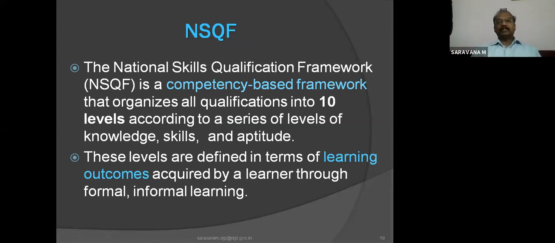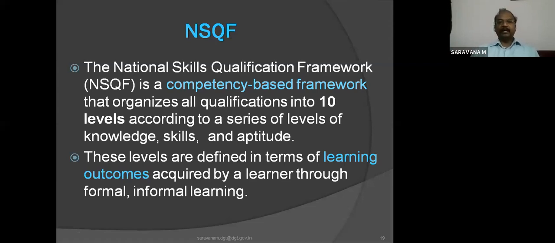Like the cognitive domain, there are 6 components, 6 levels, starting from knowledge to evaluation: knowledge, comprehension, application, analysis, synthesis, and evaluation. So the basic is knowledge. Like that, our NSQF framework also has 10 levels, starting from level 1 to level 10. And these levels are defined in terms of learning outcomes.